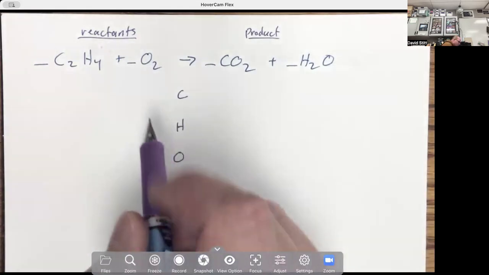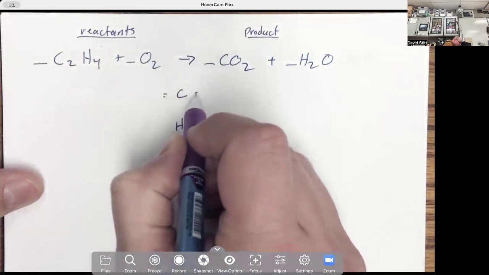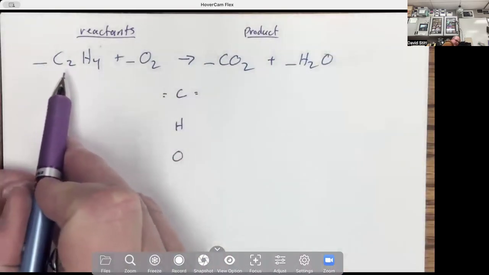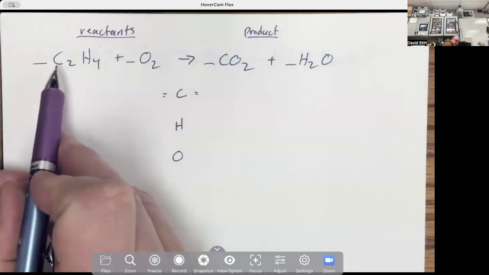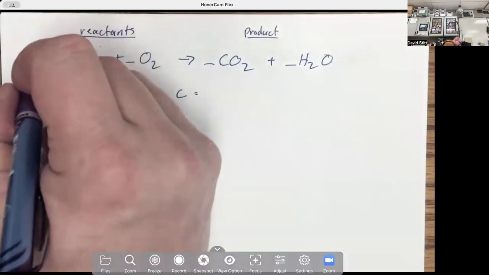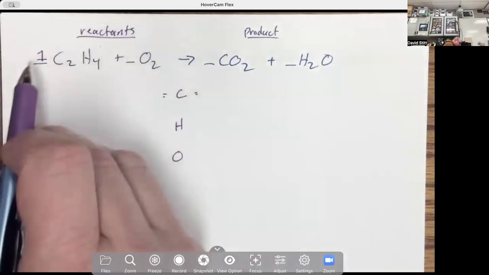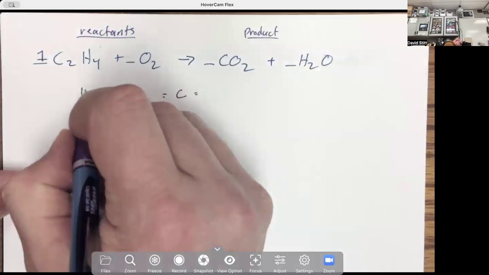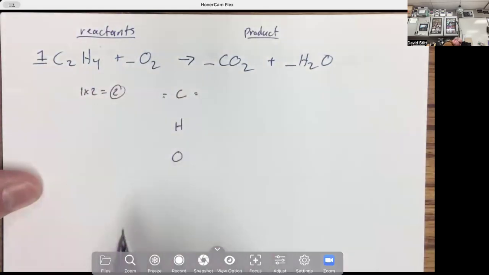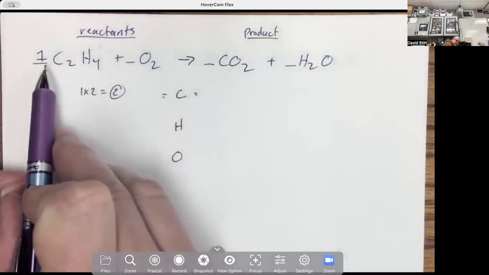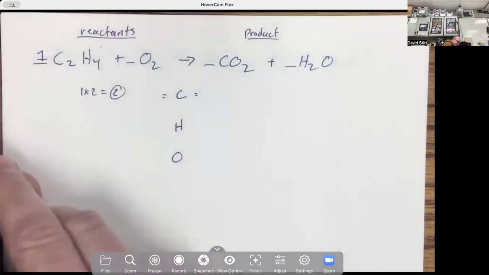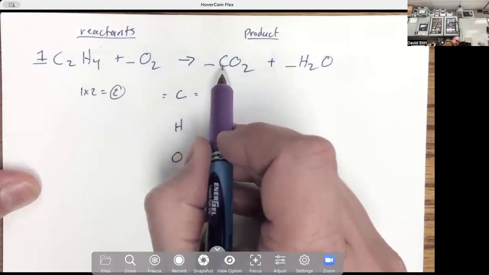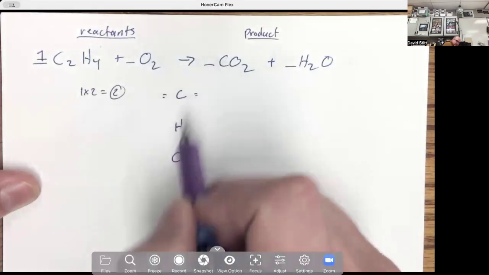So we start off with carbon. Now, whatever number I put here in the very front is going to get multiplied by the subscript for that element. So the easiest number to put here is a 1. So this gives me 1 times 2 carbon right here. That'll give me 2 carbons on the left-hand side in this C2H4 compound. Now, whatever number I put here is going to get multiplied by 1 for carbon.